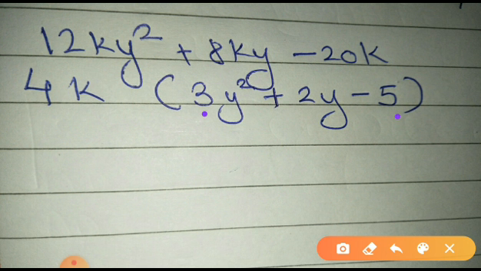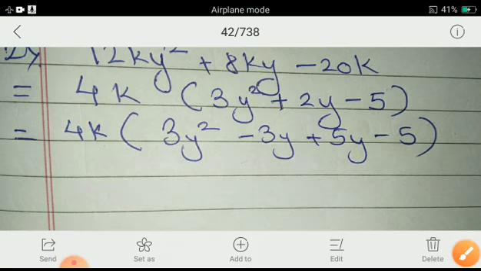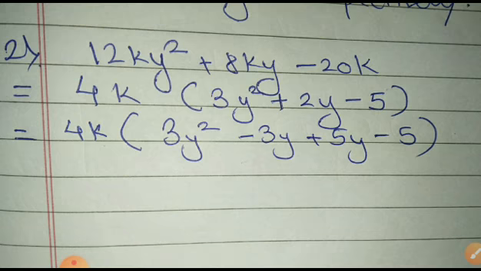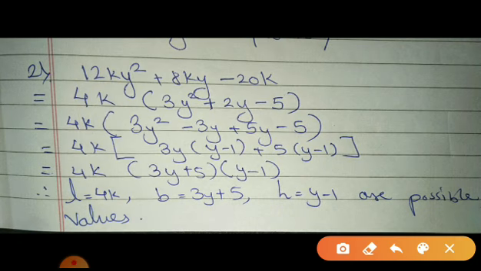So will the numbers be 5 and minus 3 itself? Because 5 minus 3 is 2. So I can write it as 3y square minus 3y plus 5y minus 5. So after simplifying, I'll be getting it as 4k into 3y plus 5 and into y minus 1.